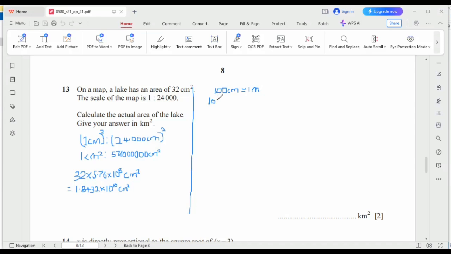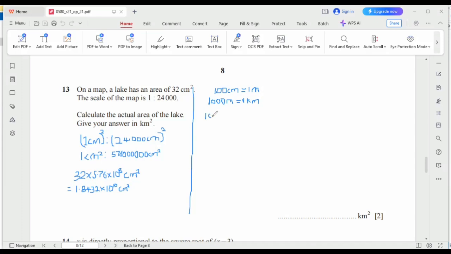So if you want to change from centimeters to kilometers, you do 100 times 1,000. That means 100,000 centimeters will make 1 kilometer.